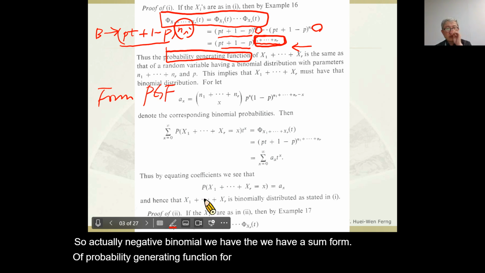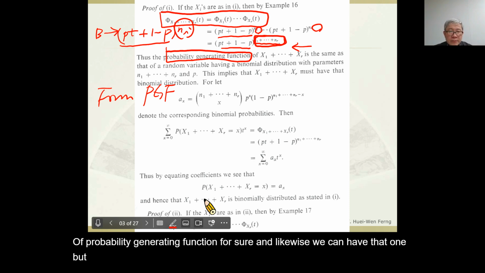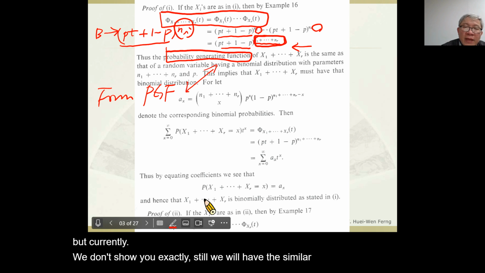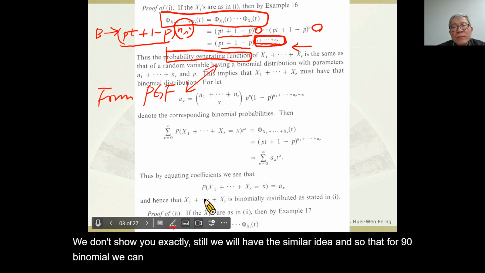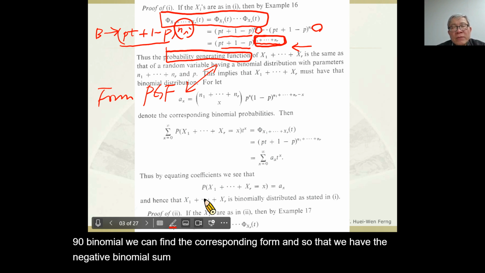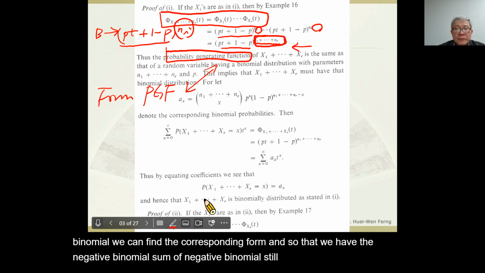Likewise, we can have that one, but currently we don't show it exactly. Still, we have a similar idea, so that for the negative binomial we can find the corresponding form, and the sum of negative binomials still follows a negative binomial.